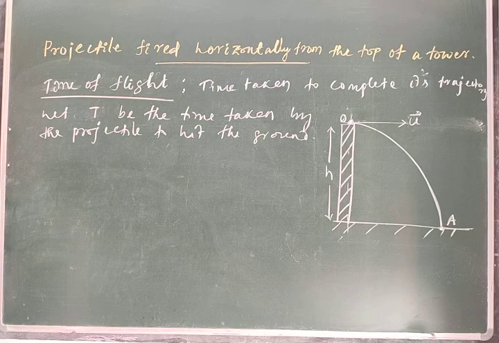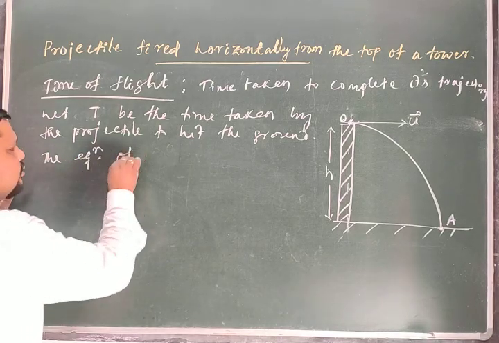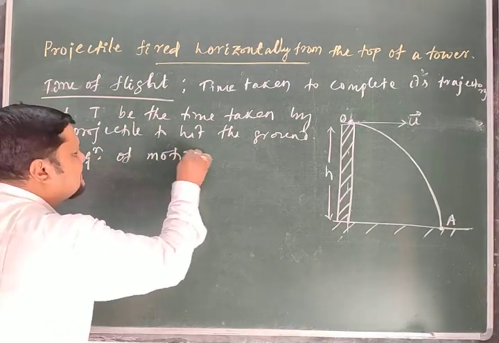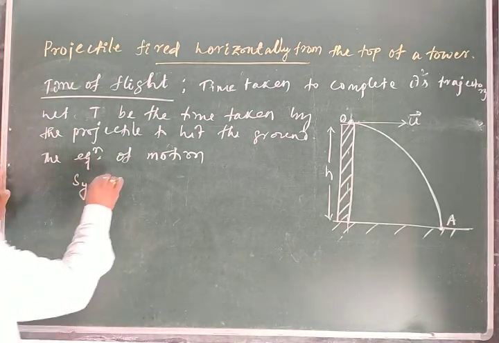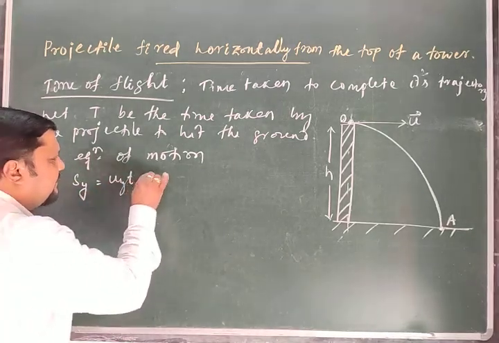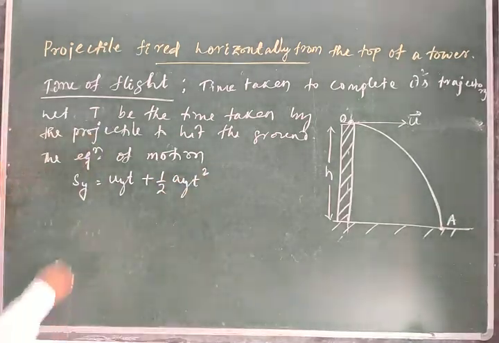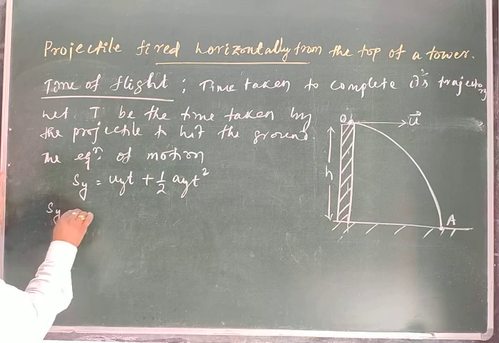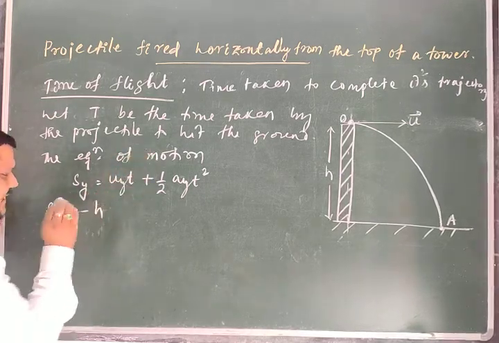So the equation of motion: Sy is equal to uy t plus half ay t². As per the sign convention, Sy is equal to minus h.